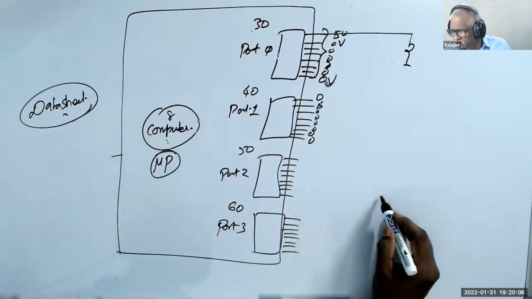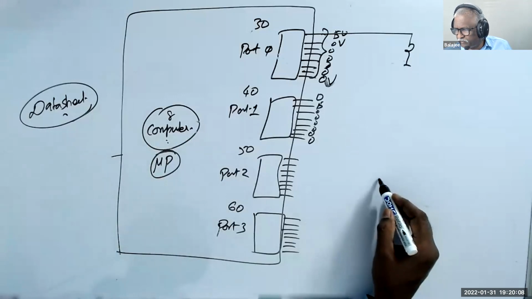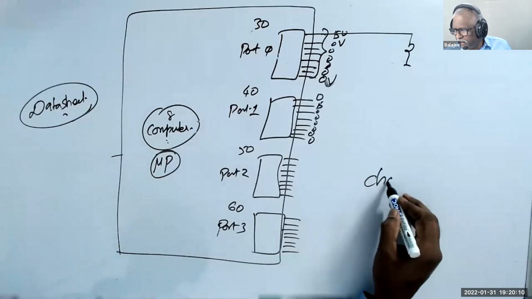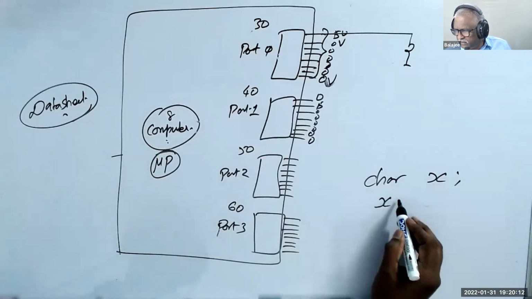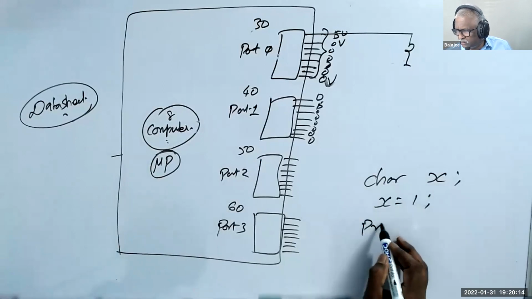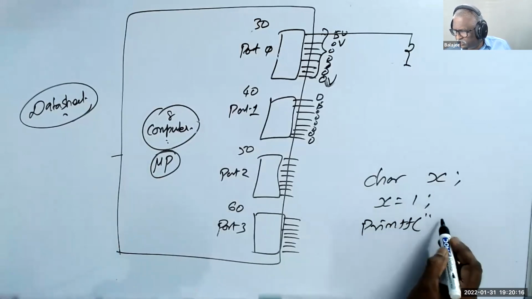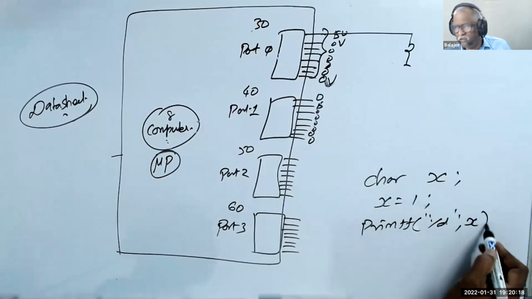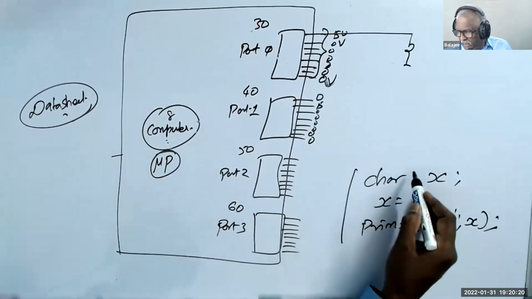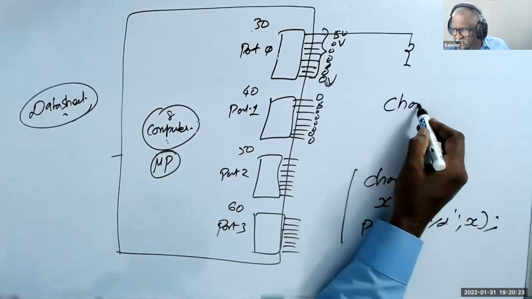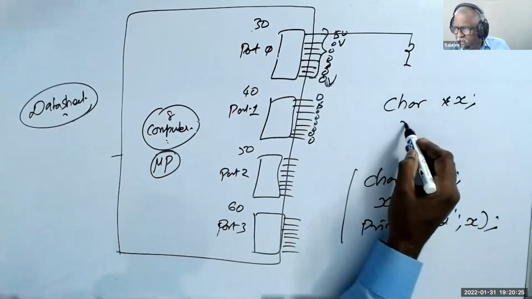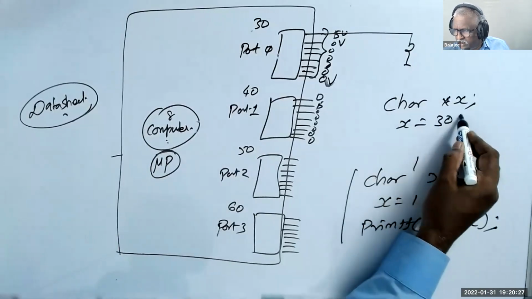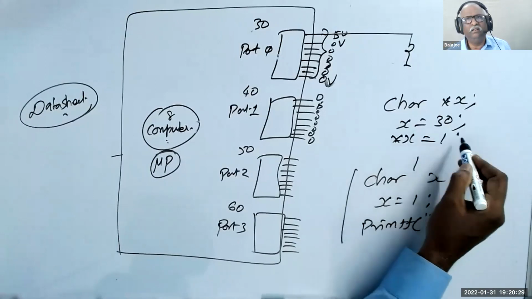See, you write a program: char X, X is equal to 1, printf %d, comma X. Now the same program I'm telling you: char *X, X is equal to 30, *X is equal to 1. That's it.